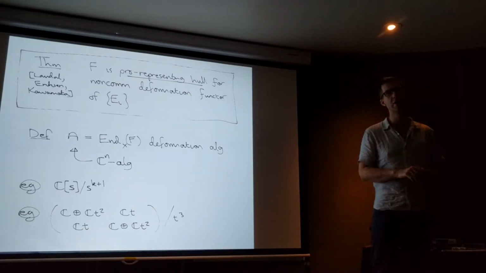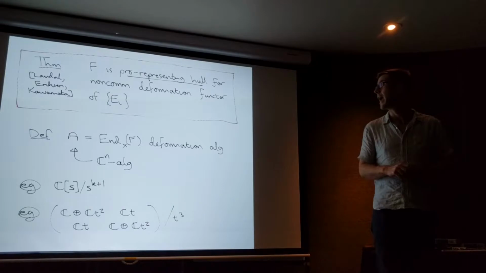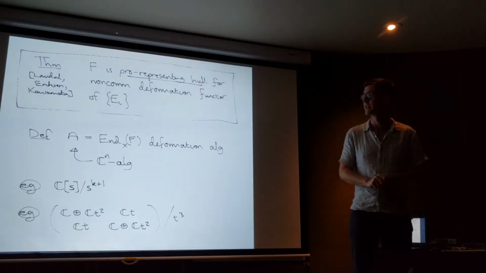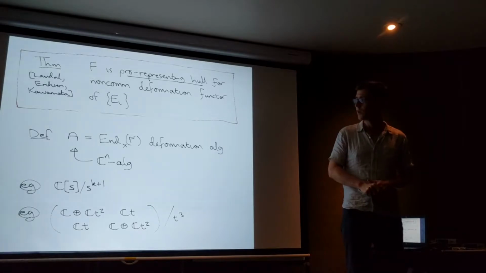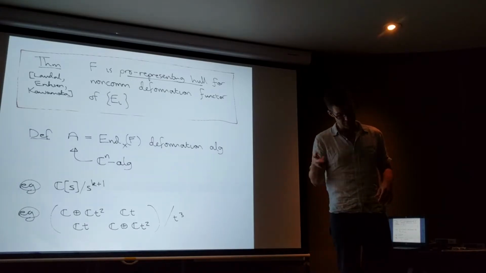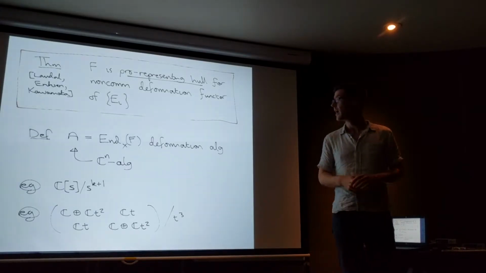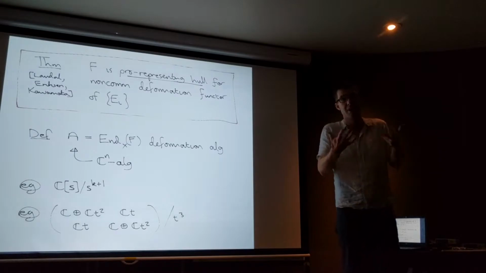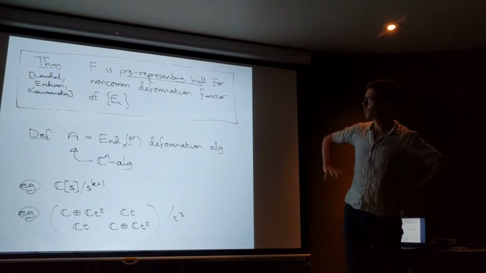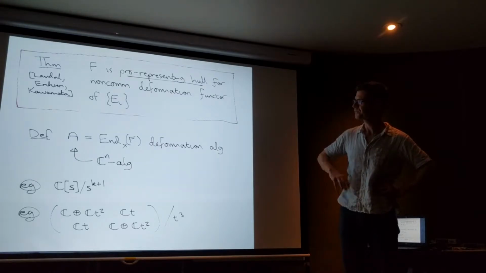It's as close as we can expect to a universal object for this non-commutative deformation functor in general. So I won't give more details about that because actually we'll restrict to a scenario that includes these examples where this functor is actually representable. So we won't be working in this more general setting.